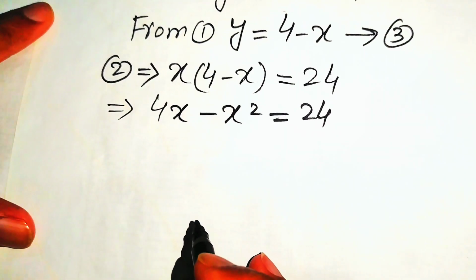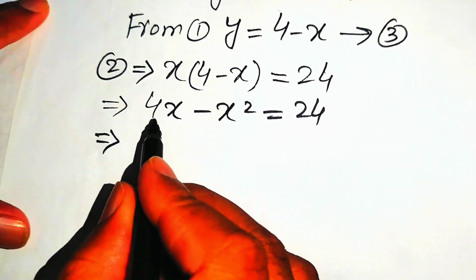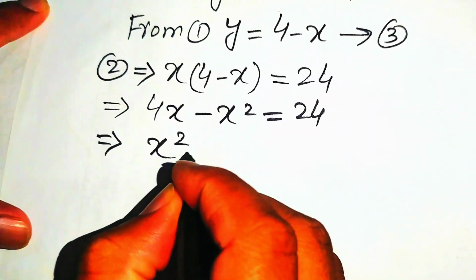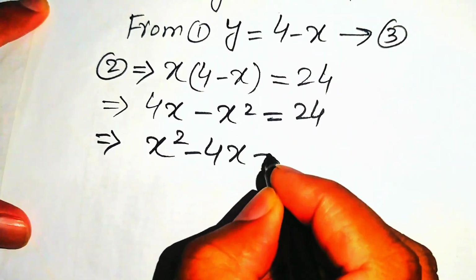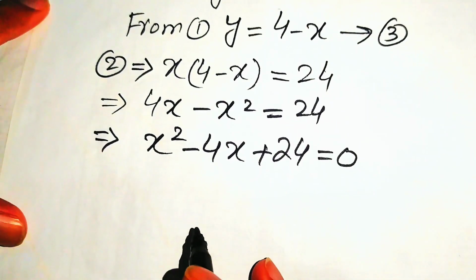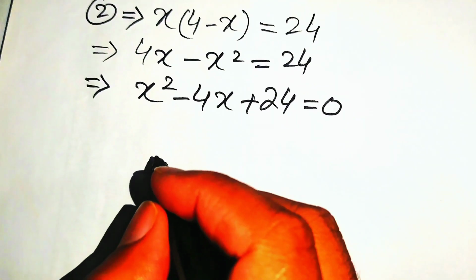Now we rearrange the terms and write this into standard quadratic form. We move these two terms to the right hand side and we get x square minus 4x plus 24 equals 0.